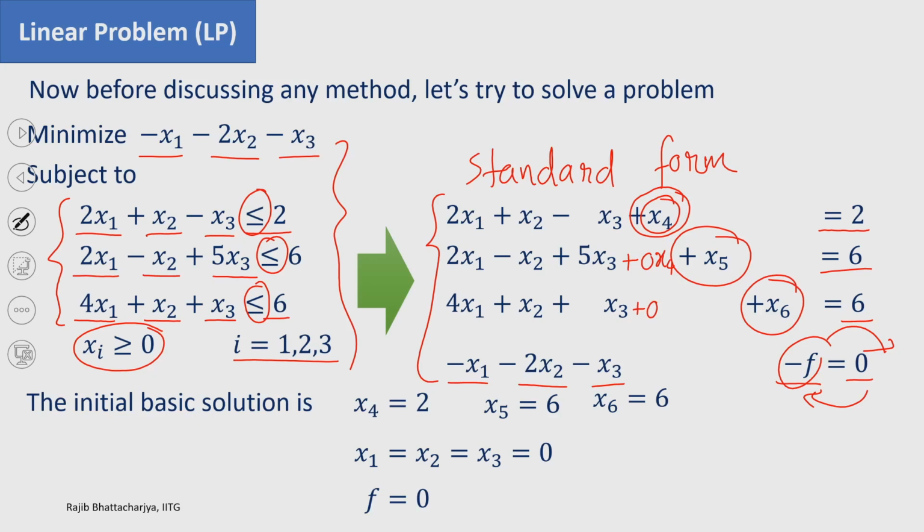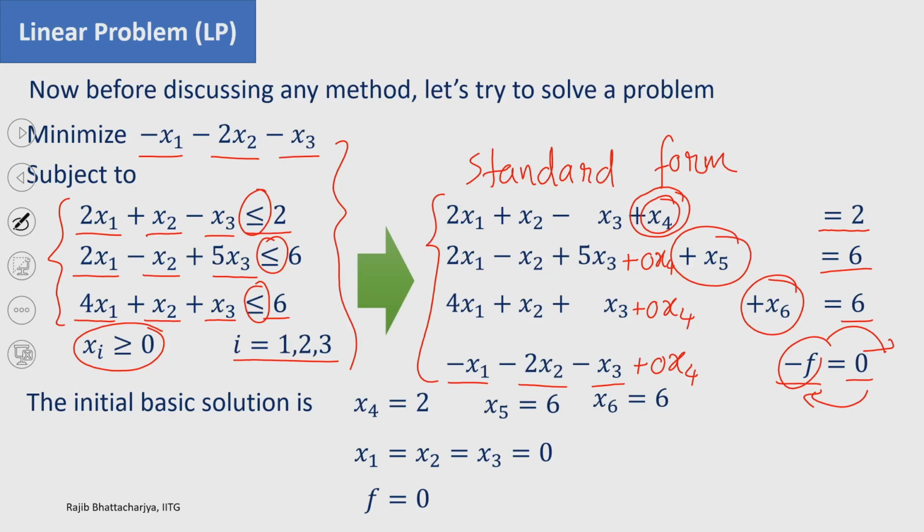So now I am getting a variable x 4 whose coefficient in equation 1 is 1 and in the other equations is 0.